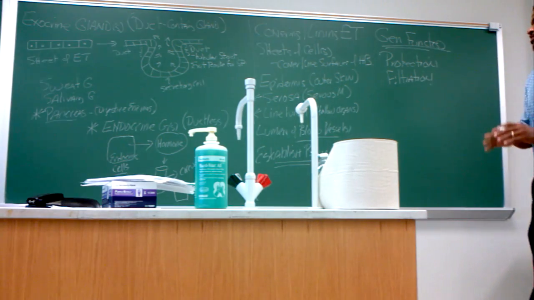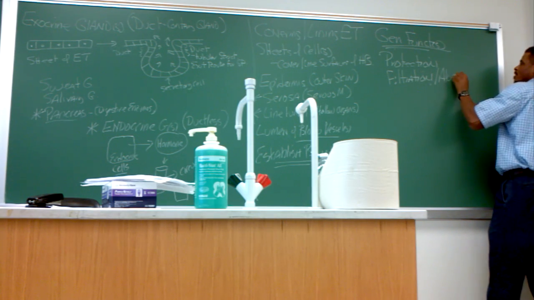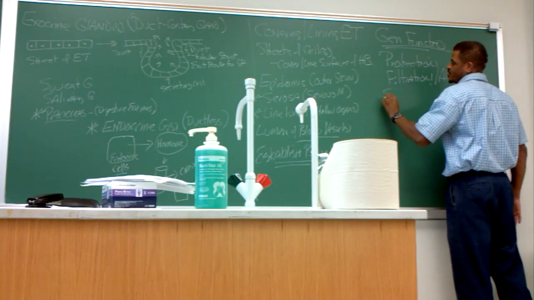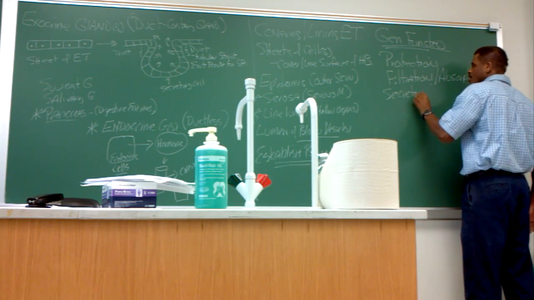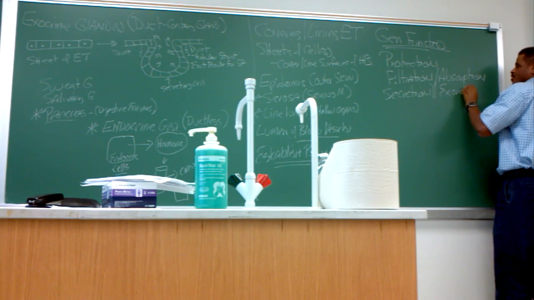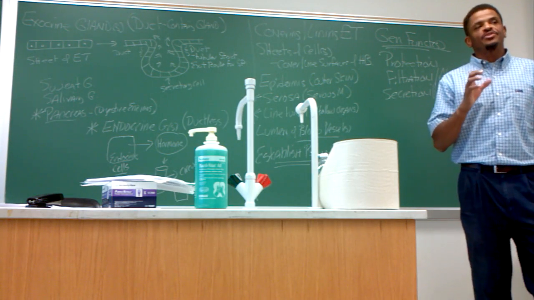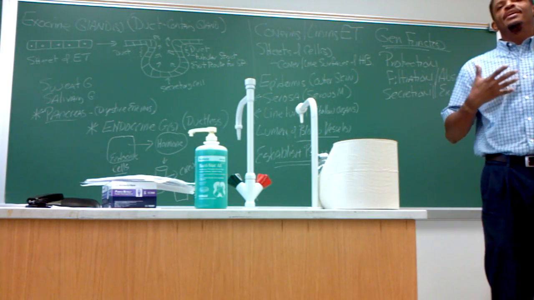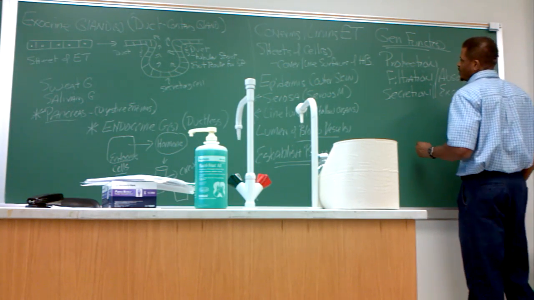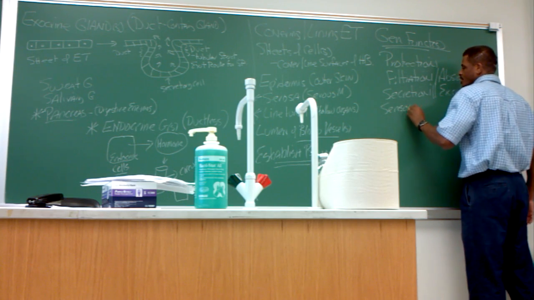So involved in filtration, absorption, and also involved in secretion and excretion. Secretion is the release of a secretory product that will be used by the body. Excretion is the release of a product that will be eliminated from the body. We also will have them being involved in sensory perception.